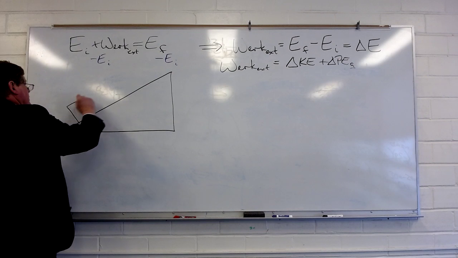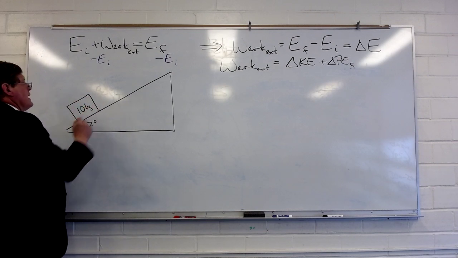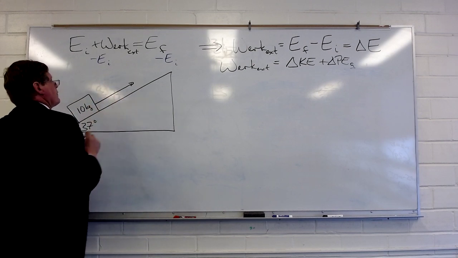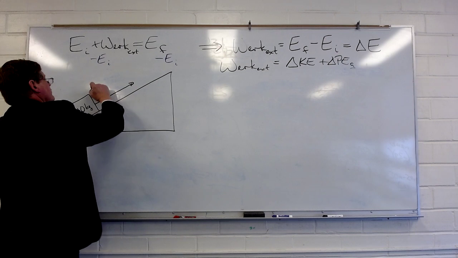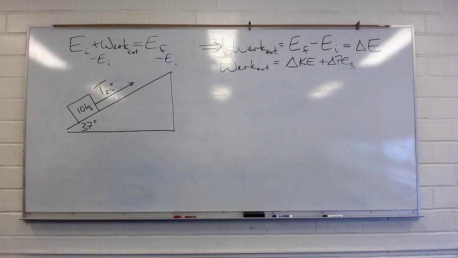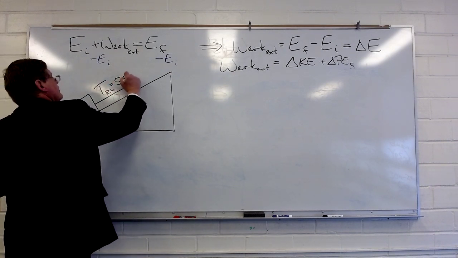And we have this block, in this case it's a 10 kilogram block, and it's being pulled up this ramp with a tension force by the rope on the block, and that tension force is given in the problem to be 55 newtons.